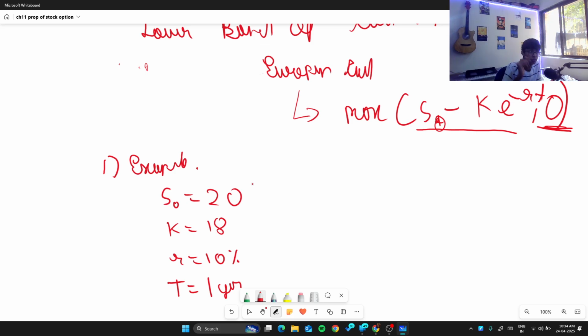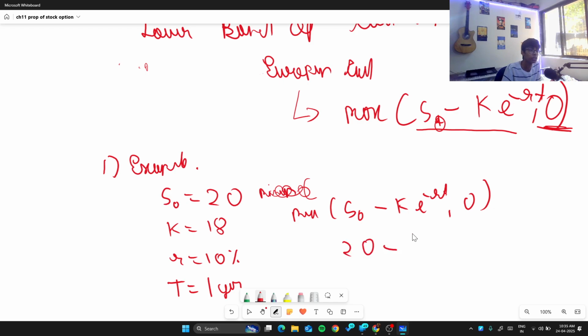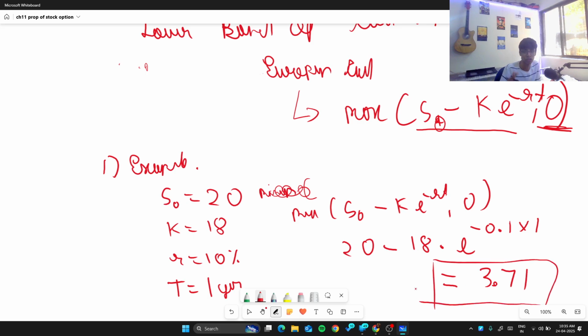In this case the minimum value of the contract is the maximum of S0 minus K e^(-rT), and 0. So S0 is 20 minus 18 e^(-0.1 x 1), and that is equal to 3.71. So the option price should be more than 3.71.